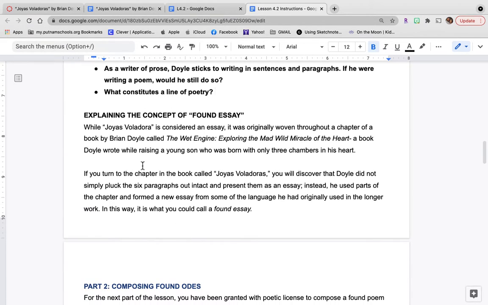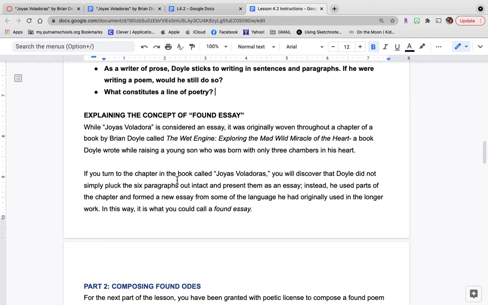All right. Explaining the concept of a found essay. While Joyous Veladores is considered an essay, it was originally woven throughout a chapter of a book by Brian Doyle called The Wet Engine, Exploring the Mad, Wild Miracle of the Heart. A book Doyle wrote while raising a young son who was born with only 3 chambers in his heart.